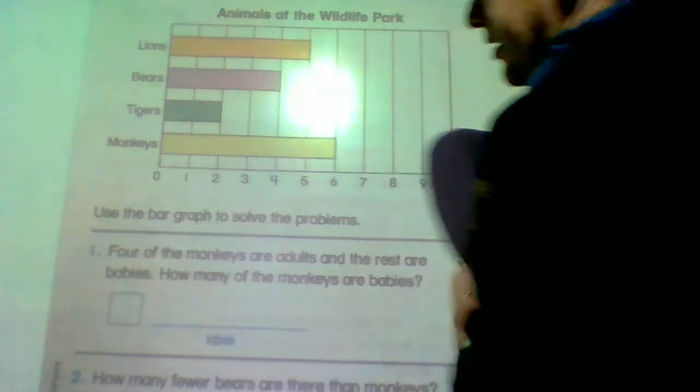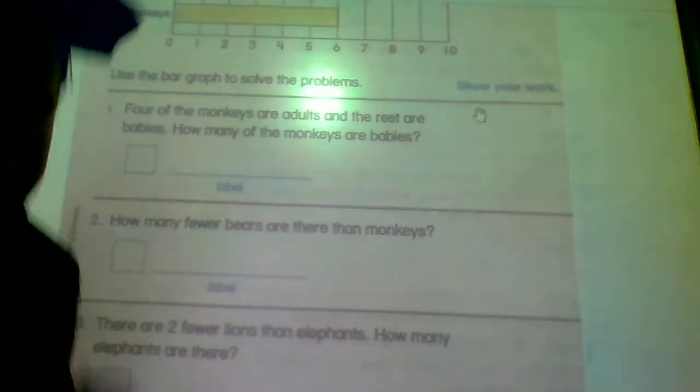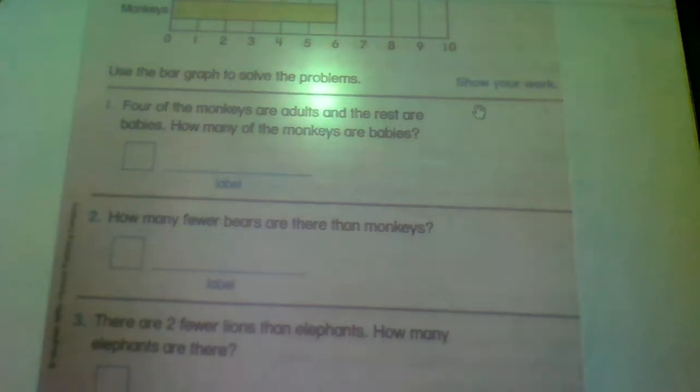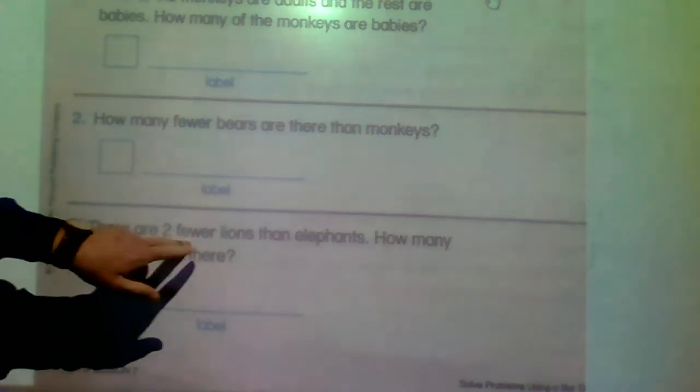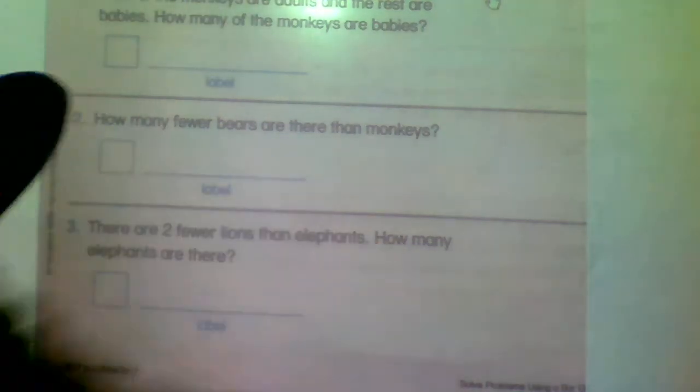So I hope you worked on the next one, the third one. This technology is a little funky in here. This is the tricky one, and you got to think about this, so I hope you're paying attention. I'm going to move this down so you can kind of see it. The question asks, there are 2 fewer lions than elephants.